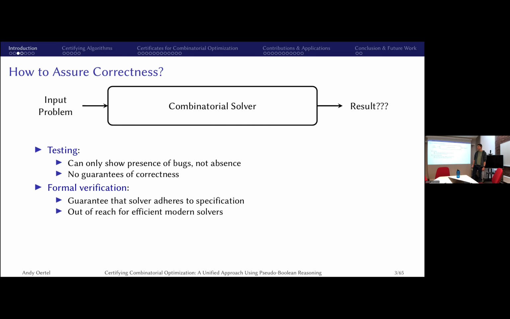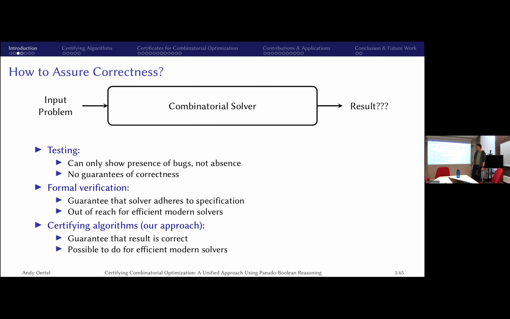So what we propose is a middle ground, which is called certifying algorithms, which gives you formal guarantees on the correctness of the result. We know nothing about the solver, but the result we have guarantees on. Additionally, it's not too difficult to do, and it's actually possible to do for the efficient modern solvers that we have nowadays.